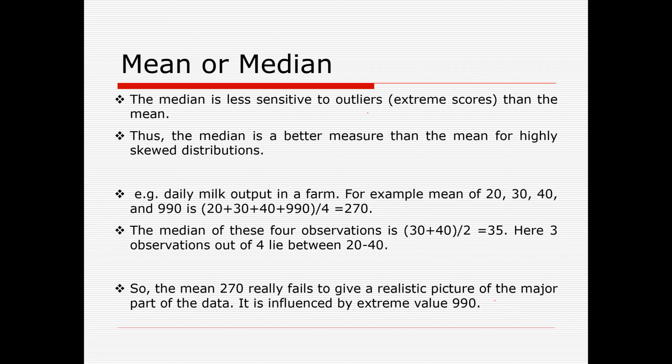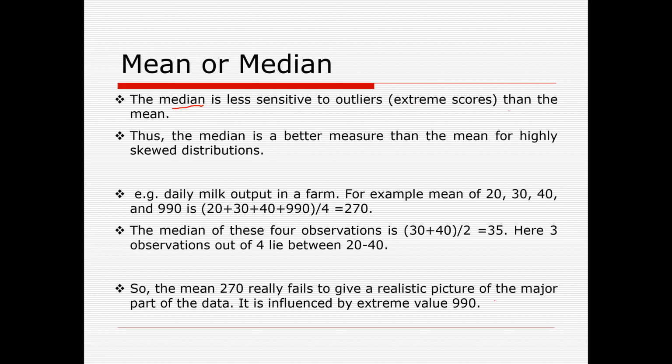Okay, look at the screen again, the slide. See, the median is less sensitive to outliers. That is to further explain what I was saying the other time. When you have extreme values, the median remains at the median.